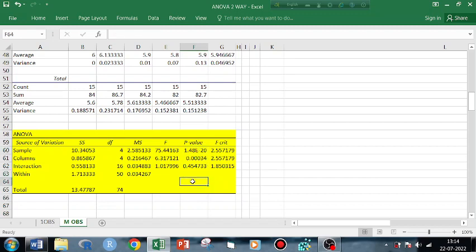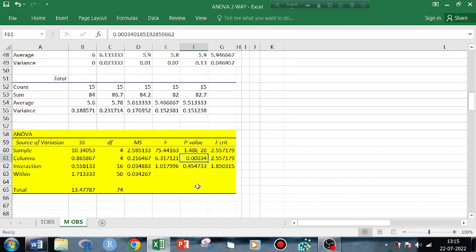Now this interpretation could also be done using the p-value. Our p-values are here, you can see these are the p-values. Our level of significance, we took it as 0.05, so this p-value is less than 0.05, so we reject the null.